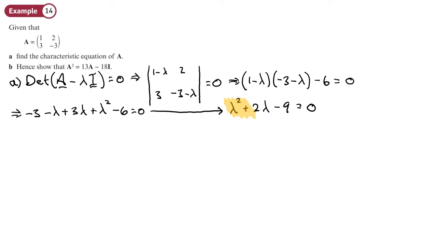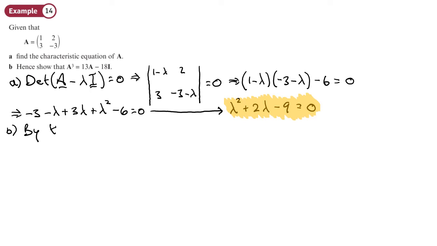Now in part B it says hence show that A cubed equals 13A minus 18 times the identity. Okay, so we must start with this here and write down the relationship we have using the Cayley Hamilton theorem.